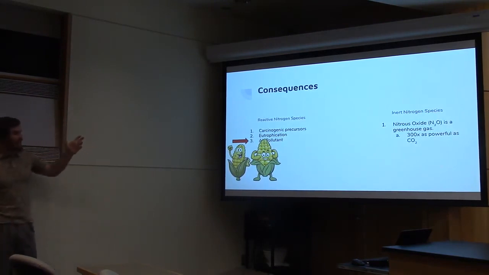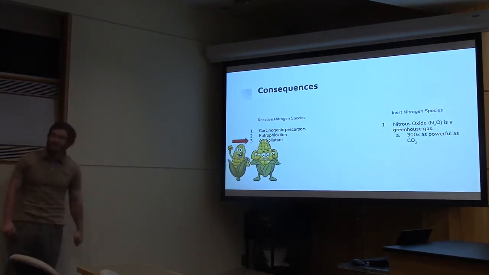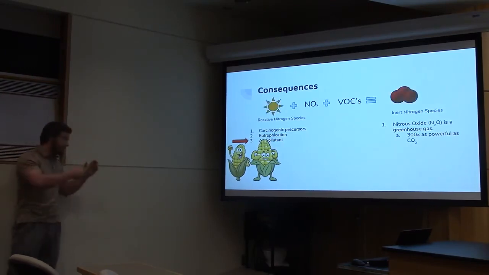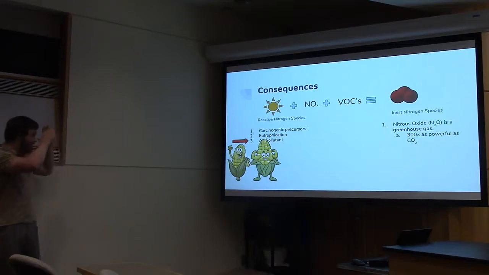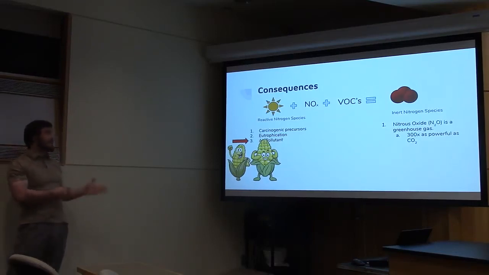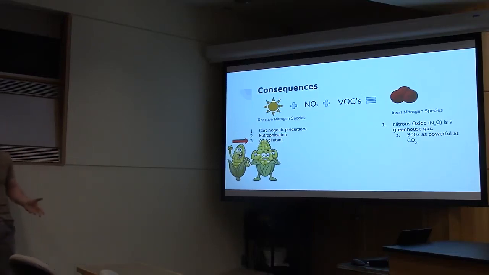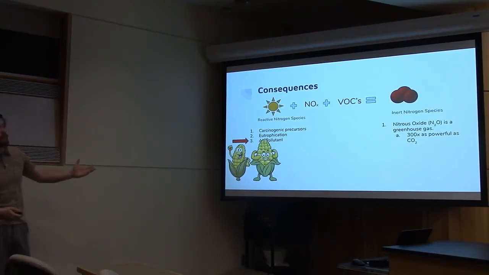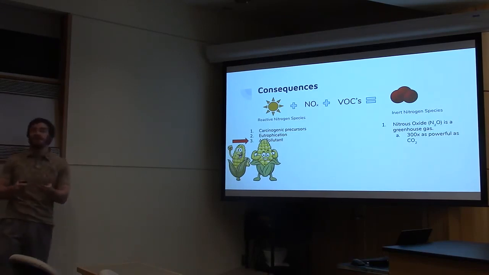We also have reactive nitrogen species that can form air pollutants through the process of sunlight, reactive nitrogen species, and volatile organic compounds such as methane, which we have plenty of. We can form ozone, which is the main constituent of smog.